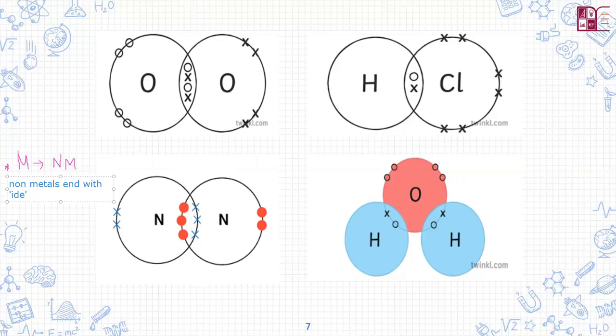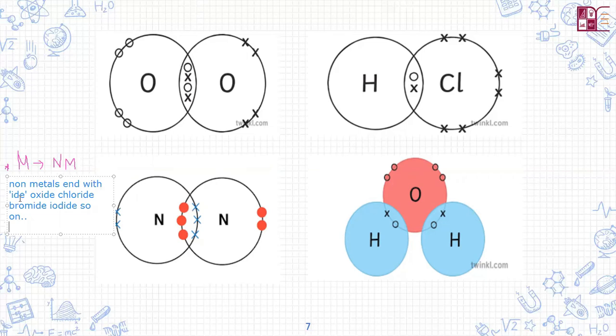For example, oxygen will convert into oxide. If it is chlorine, it will convert into chloride. If it is bromine, it will convert into bromide. If it is iodine, it will convert into iodide. And so on, right?